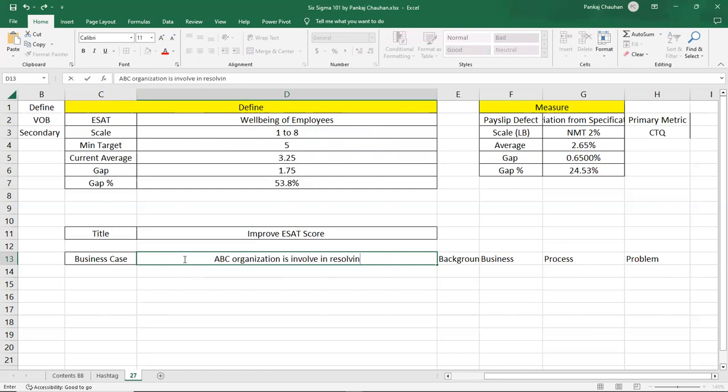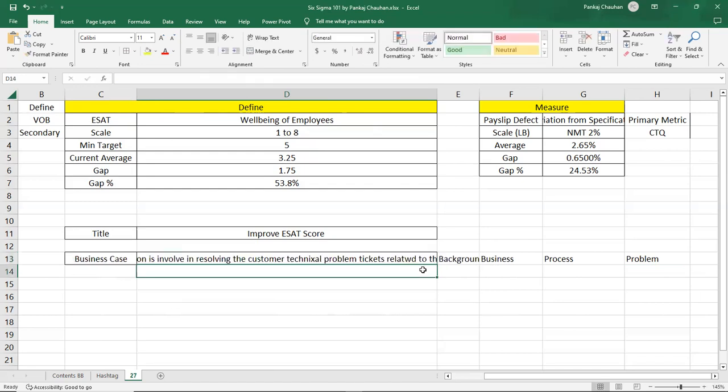ABC organization is involved in resolving the customer problem tickets, or let's say customers' technical problem tickets related to their computers or machine. This is about the background of the business, how you are doing the business.